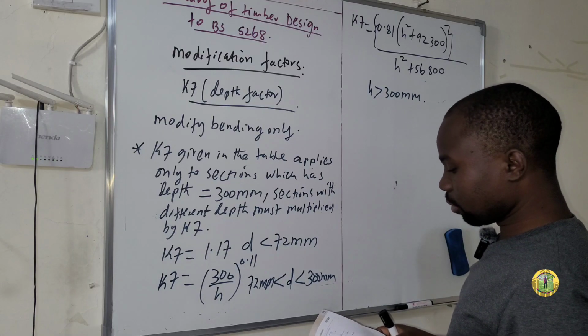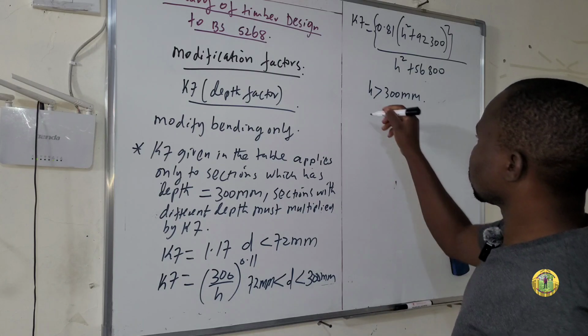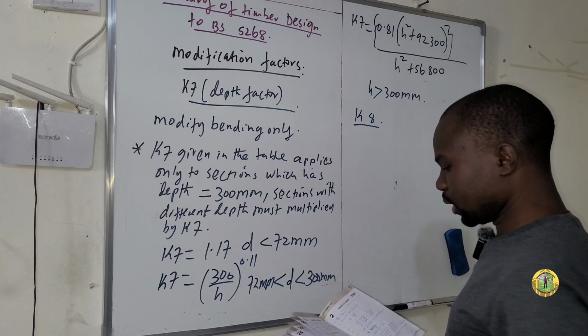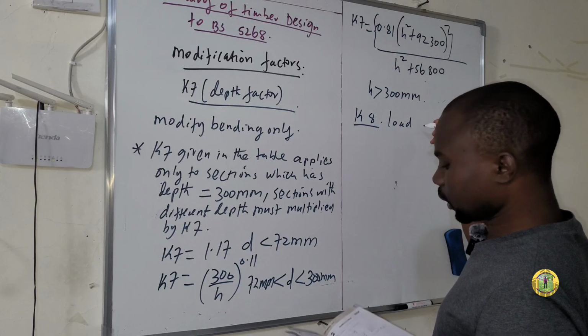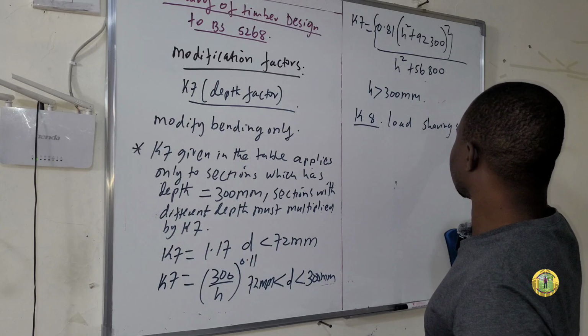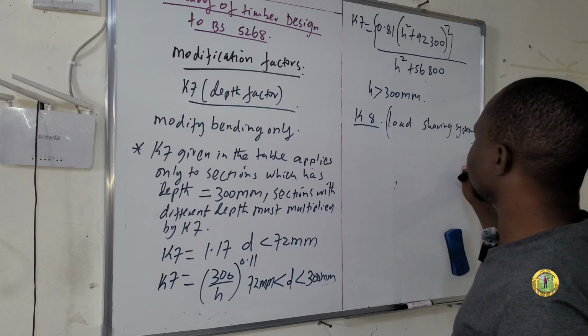We proceed to another factor, which is K8. So K8 is a load sharing system factor. It applies to a load sharing system.